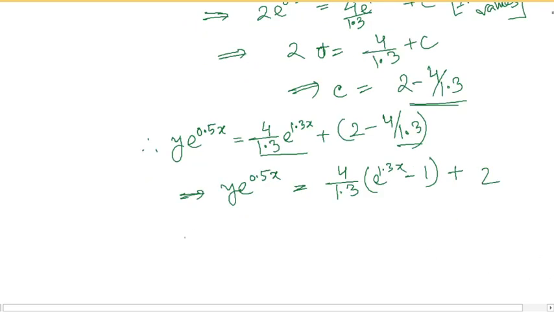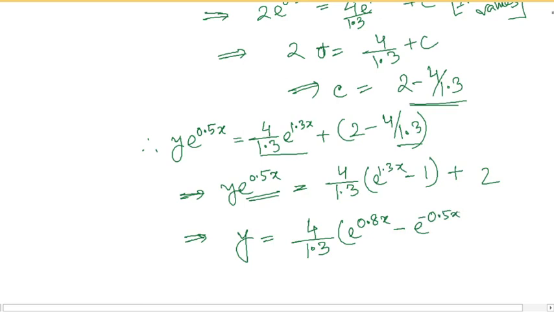So if we want to know the value of y only, then I will take this to the other side. Then, as it will be subtracted from the power, it will become 0.8x, and it will become minus 0.5x, as it is used here as division, also here as well.